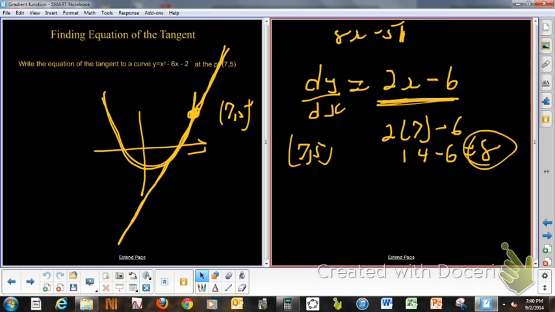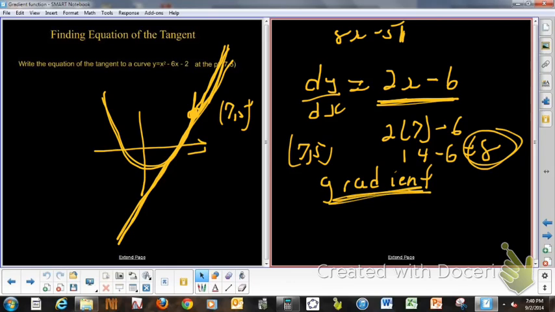What is that? Well, that's the gradient at that particular point. The gradient is a rate of change. And at that particular point, 7 and 5, this tangent has a gradient of 8.